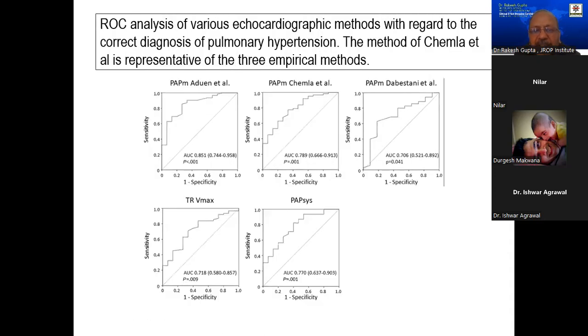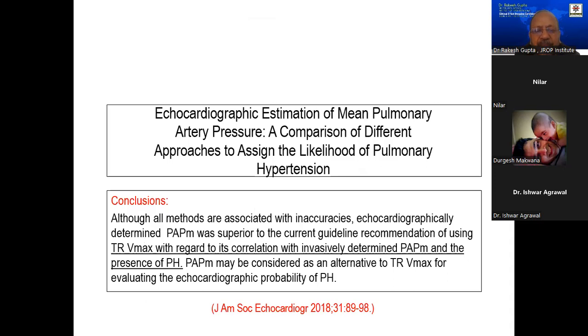They looked at all methods available, and they said PR jet velocity, with regards to its correlation with invasively determined mean pulmonary artery pressure and the presence of pulmonary hypertension, is the most important and recommended method for calculation of pulmonary artery pressures. So I showed you three methods. But still, if you look at the TR jet peak velocity and add RA pressure to it, that'll give you a peak pulmonary artery pressure.